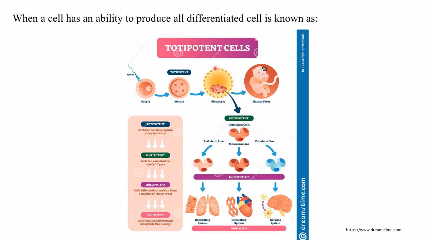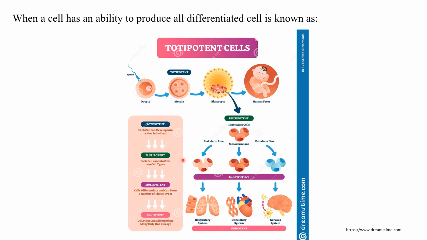After the formation of the blastocyst, when the inner cell mass is formed along with trophoblast cells, the inner cell mass in particular, which gives rise to the germ layers such as the endoderm, mesoderm and ectoderm, is called pluripotent. Pluripotent means each cell can develop into over 200 different types of cells.